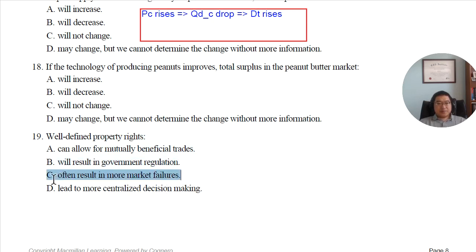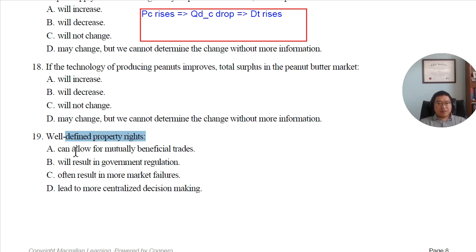C. Well-defined property rights often result in more market failures. No, the market failures actually come from what? Not very well-defined property rights. Then you will have market failure. The market transaction cannot resolve the issue. Then you need government regulation. But if the property rights are well defined, then the market should work pretty fine.